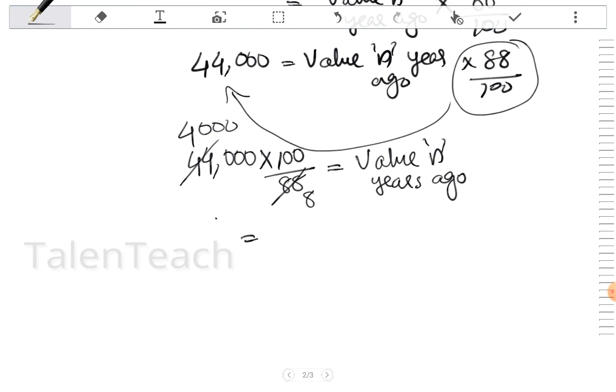Next we can try cancelling it with 8. So 8 we will get as 1. Then 8 5s are 40, so we will get 5 and these 2 zeros. So here we have left 500 into 100, which is equal to 50,000 rupees.